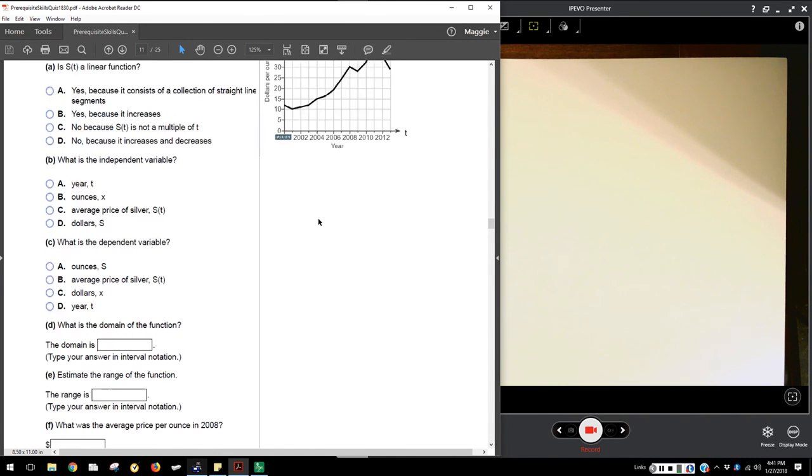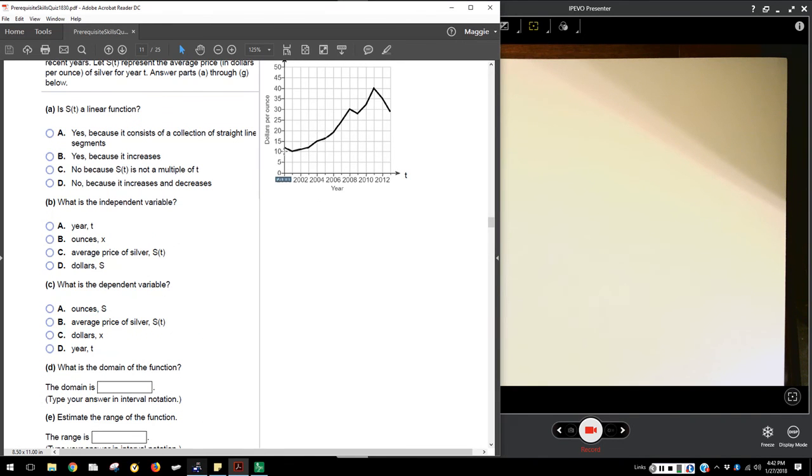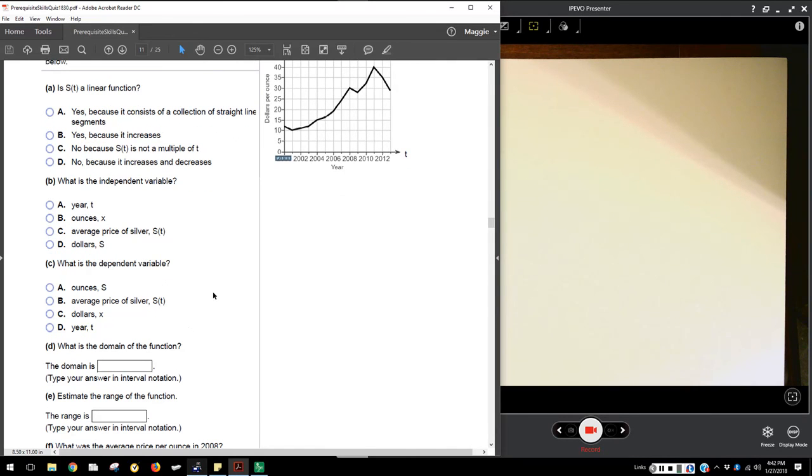The range, similarly: the lowest this function ever appears to go is about $10 an ounce, and the highest it ever appears to go is about $40 an ounce. So the range would be 10, 40 enclosed in square brackets because it includes the 10 and the 40.